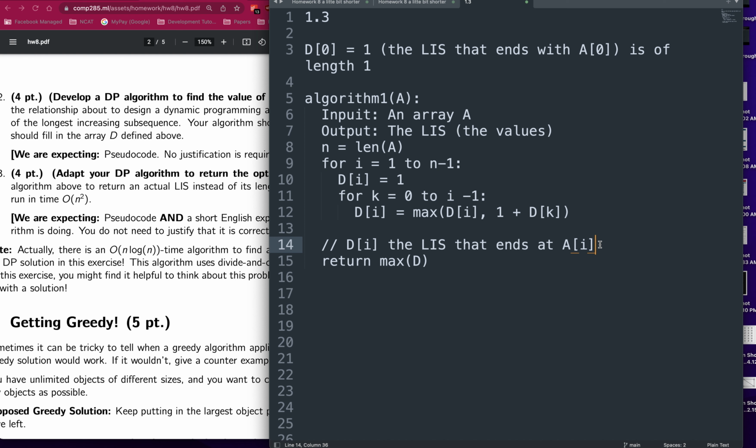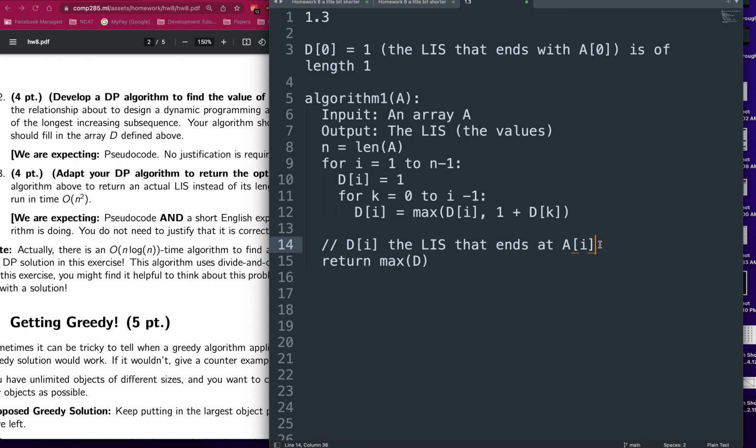So once you find the biggest value here, that tells you the index of the element at the end of the longest increasing subsequence. So all you need to know now, because DI tells you the end of the longest increasing subsequence at a particular point, is what was the index of the longest increasing subsequence I came from before?